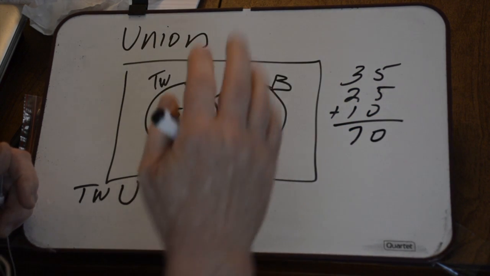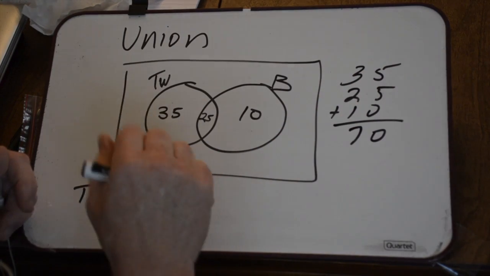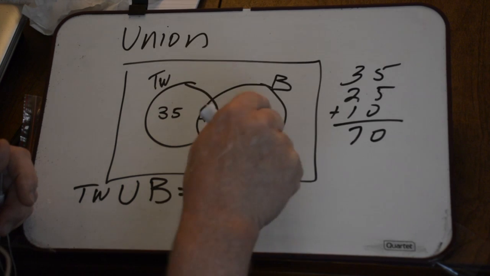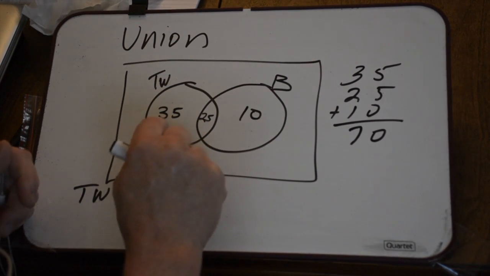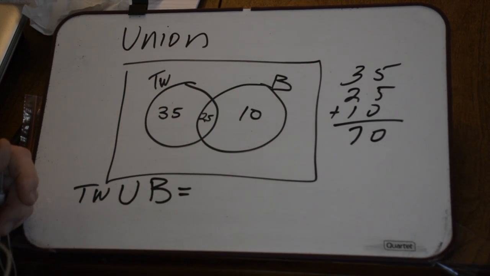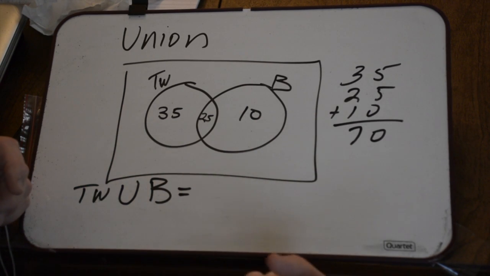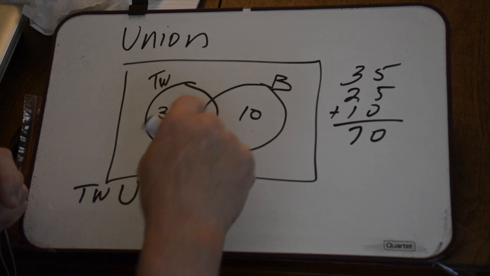All right, so the union of all of those would represent those who are only bloggers, only Twitter account users, and the group that does both. And that's the case of union. If you looked at intersection, that would be just the 25.